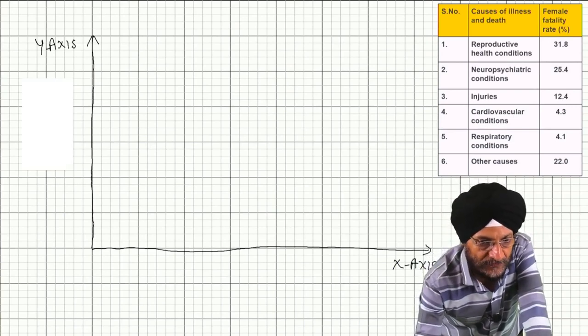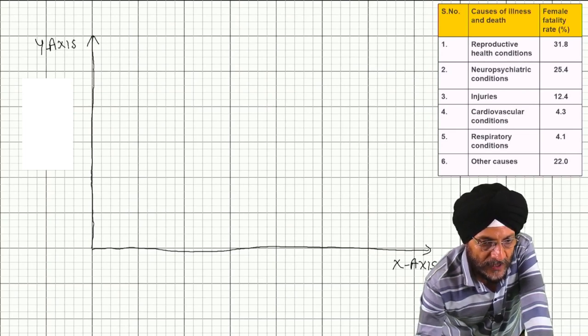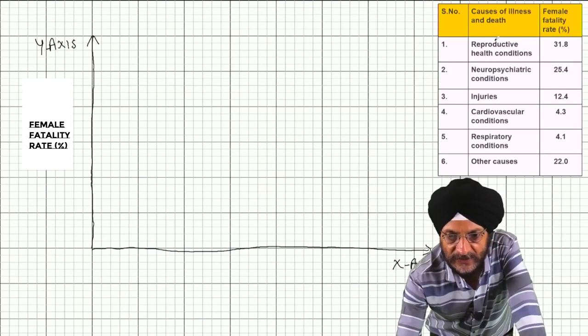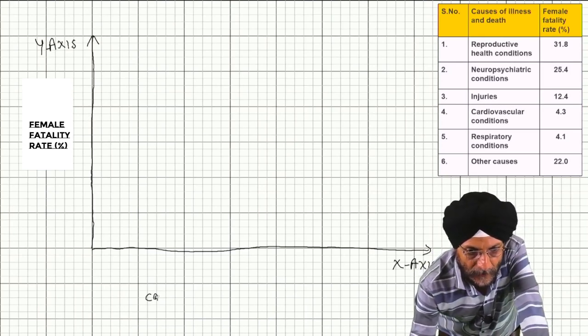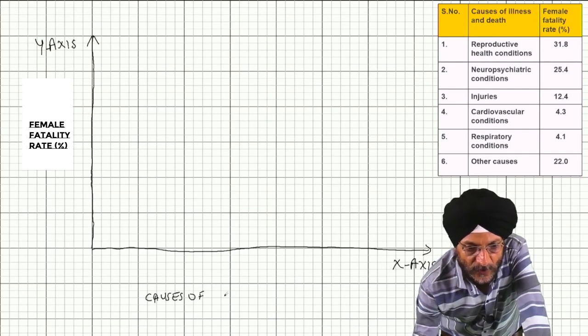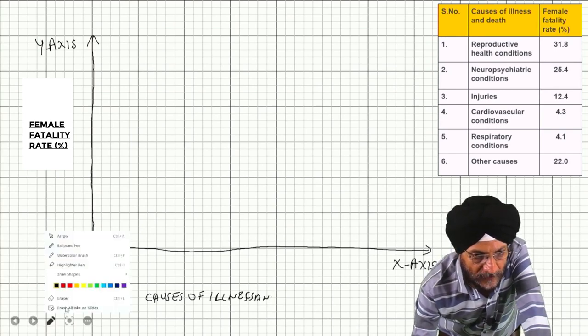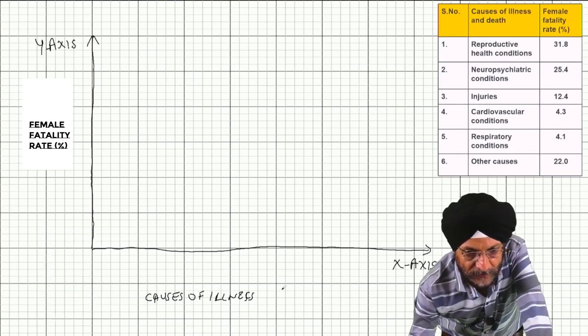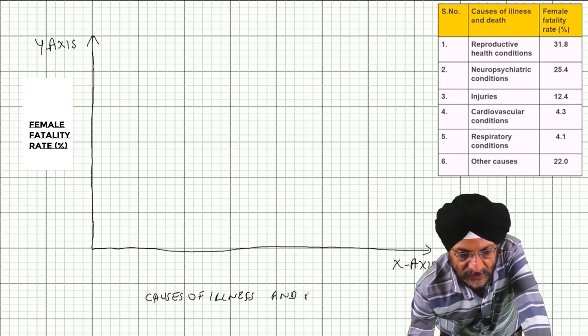So here we will write female fertility rate, and these are the causes of illness and death.